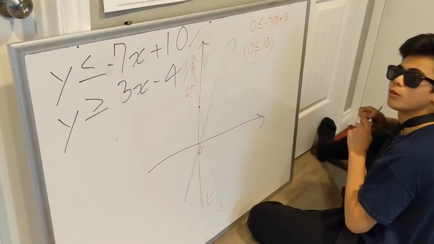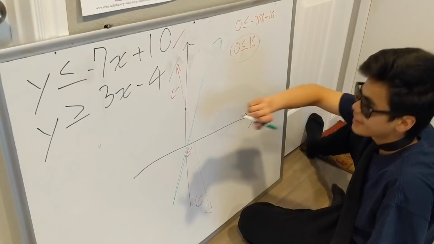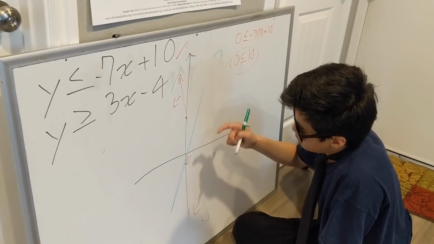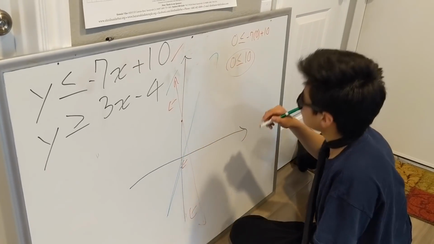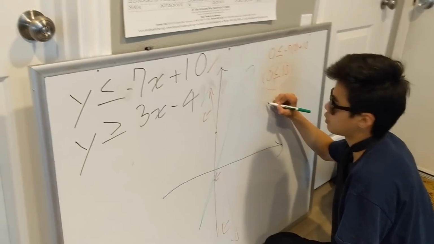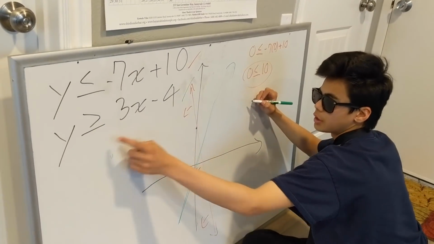Next inequality, the green line. Again, we do the same exact thing. Grab 0, 0 right here, and we put 0 in each side.